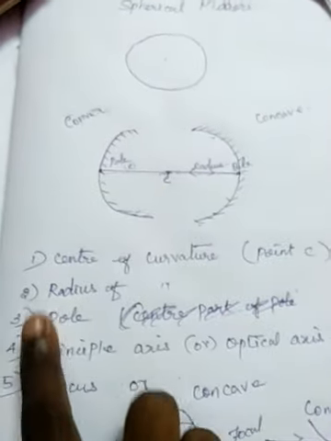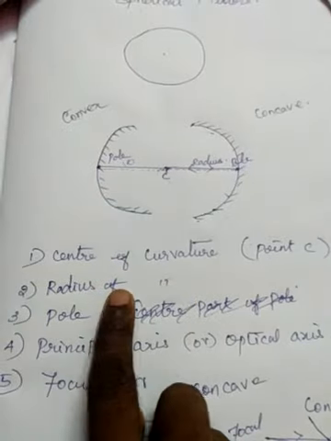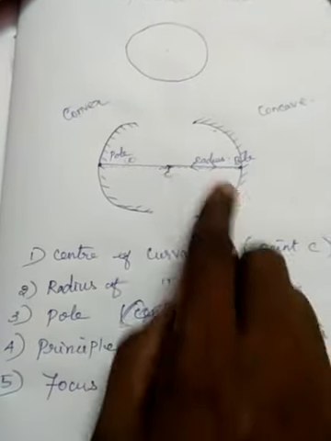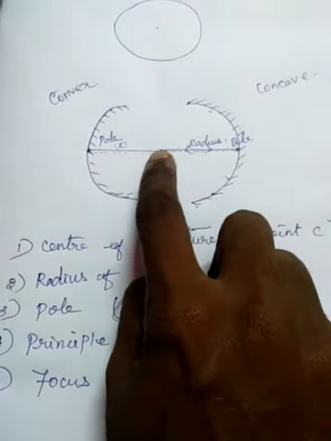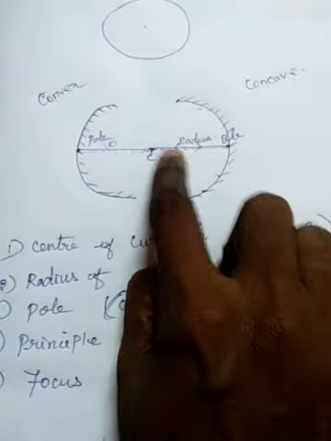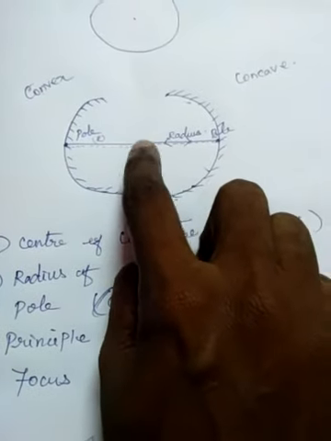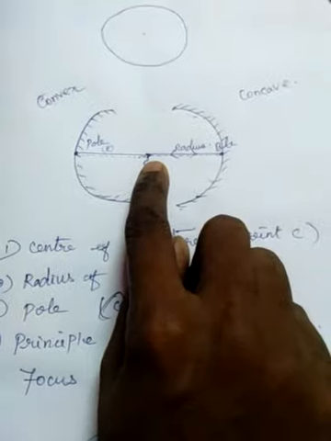Next is the radius of curvature. You see that some light is going and falls on the mirror. This point is the center of curvature, right?